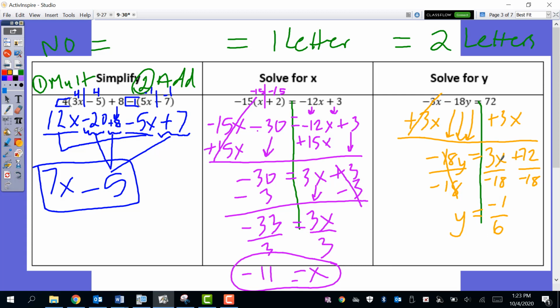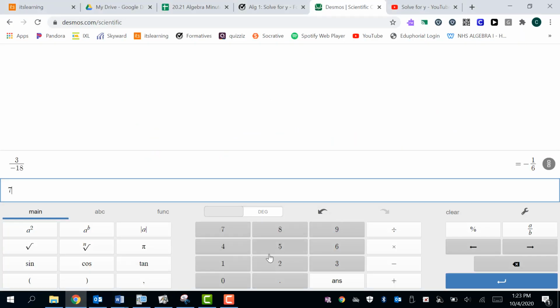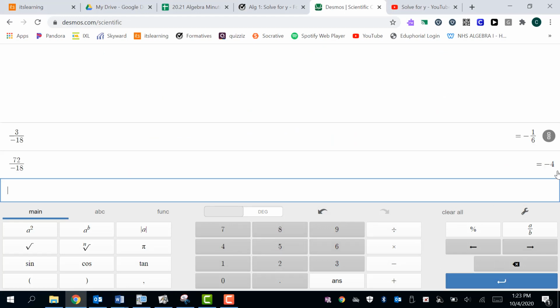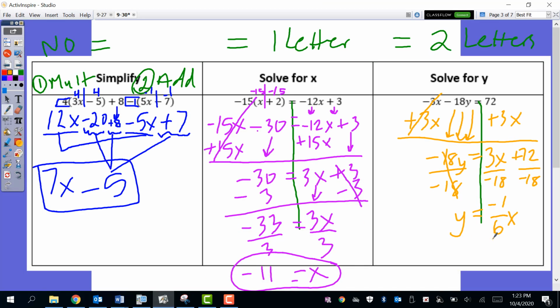That was where the x was before, so I put the x with the negative 1 over 6. And then I'm going to do 72 divided by negative 18. Enter. It's a whole number, so I don't need to convert to a fraction, so I'm just going to put negative 4 after. And that is what my answer looks like.